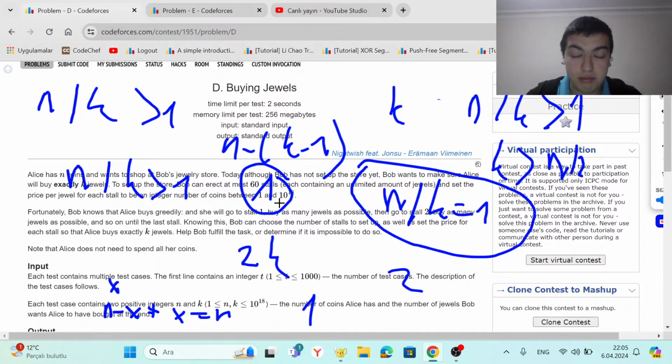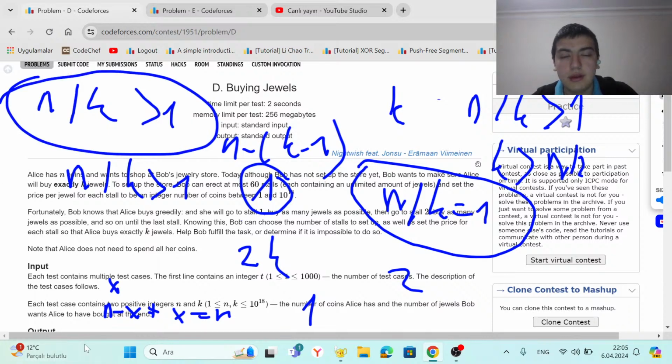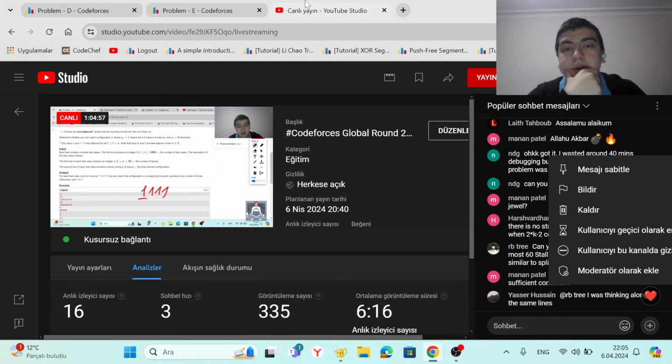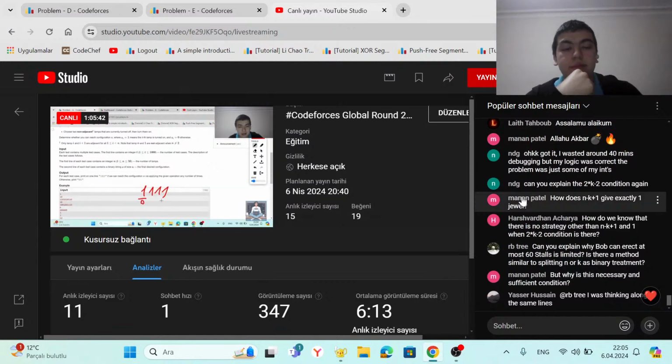We cannot buy exactly k jewelries, because we must buy 1 in this case. If we do not buy 1, we should buy minimum 2, and 2k is greater than n. So this is the best option for buying 1. Any questions?